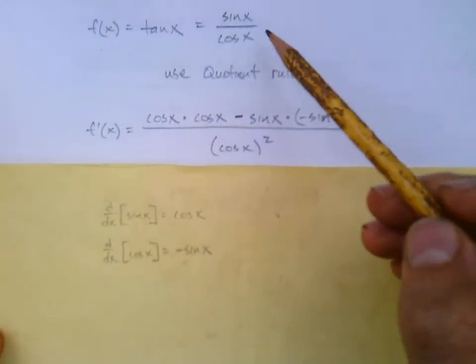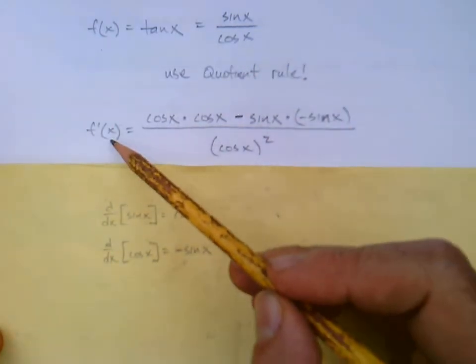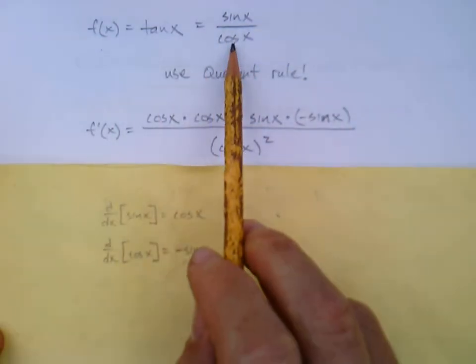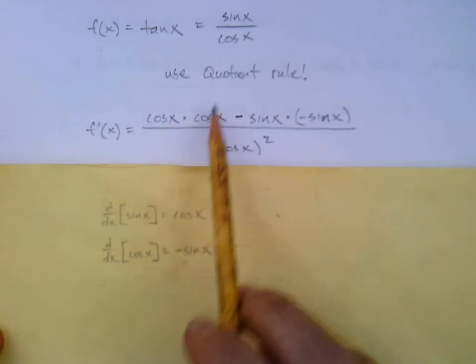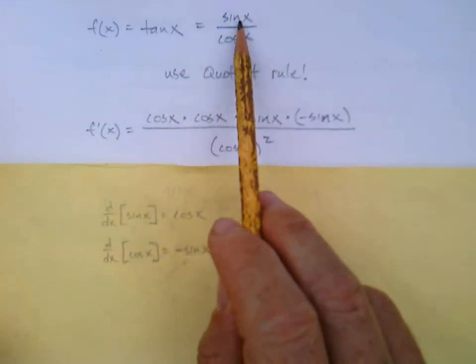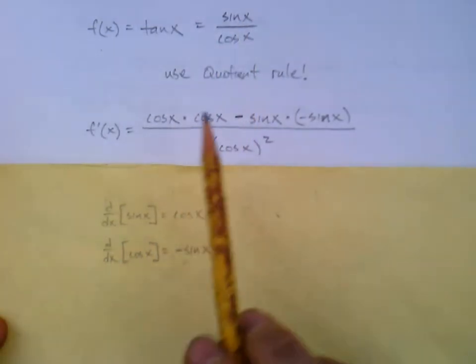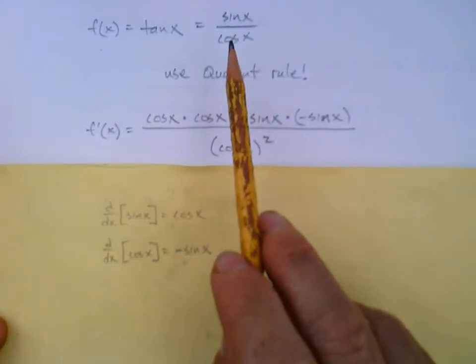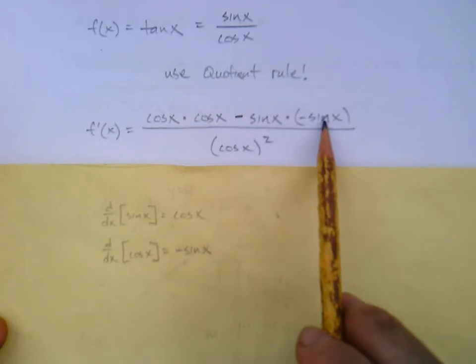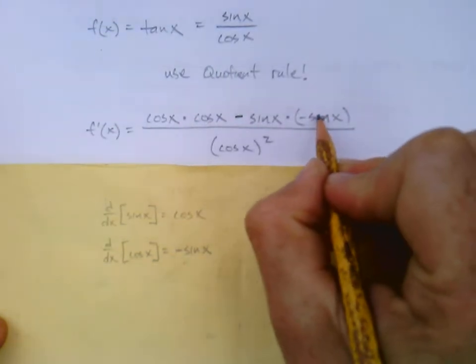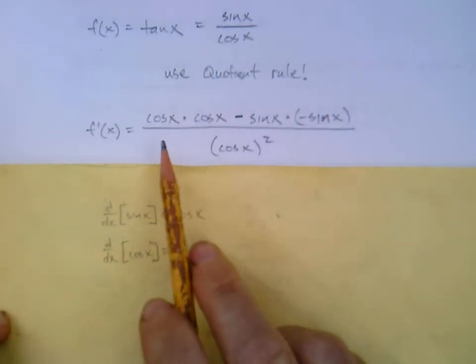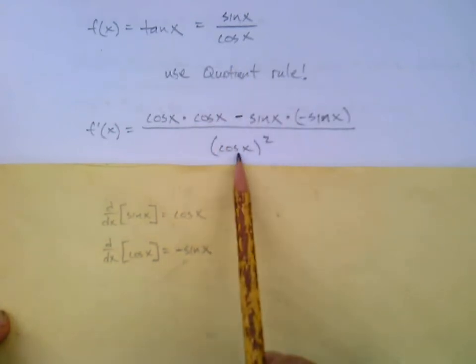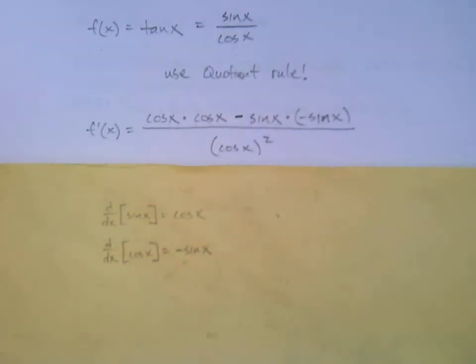Applying the quotient rule to sine x over cos x, f prime here would equal, well, it's low d high, well, derivative sine x is cos x, minus high times d low, well, derivative cos x, negative sine x. Okay. And of course, that's all divided by the original low squared, cosine x quantity squared.